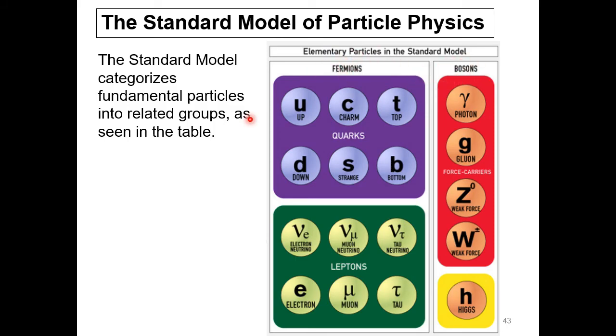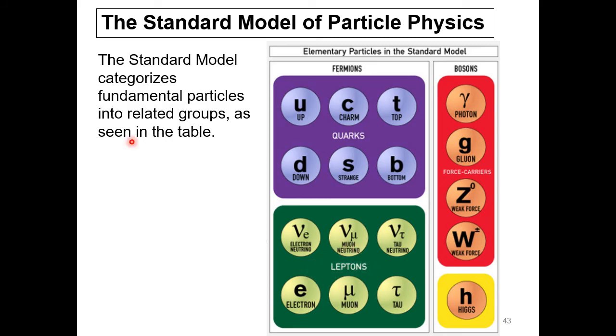Among fermions, U stands for up, C is charm, T is top, B is bottom, S is strange, and D is down. So these are quarks. Quarks have U, C, T, D, S, B, while leptons are also under fermions.